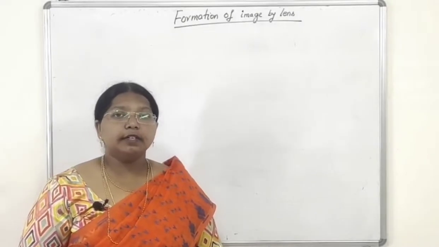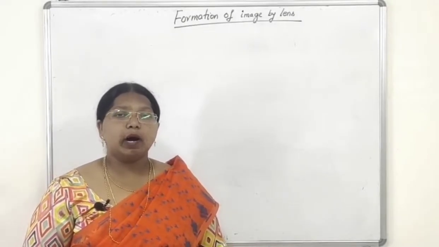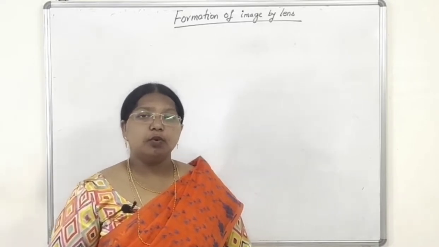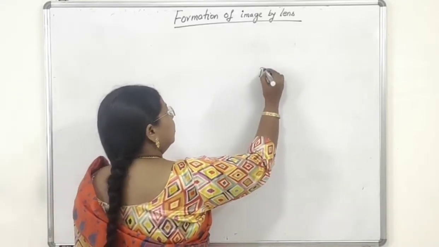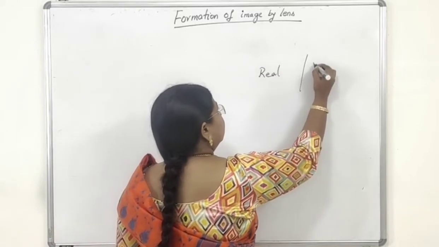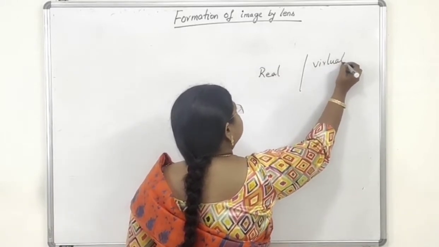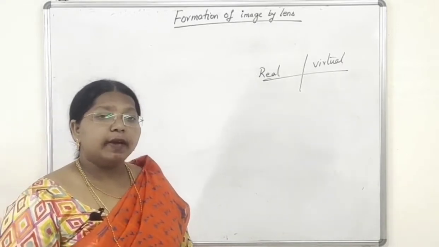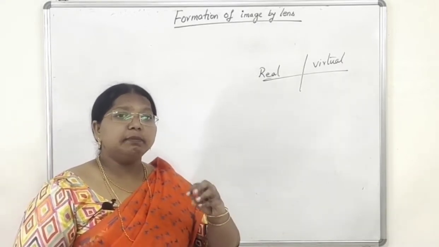Before drawing the ray diagrams, we should know about 2 images. One is real image and the other one is virtual image. A real image is formed when the rays really meet at a point.